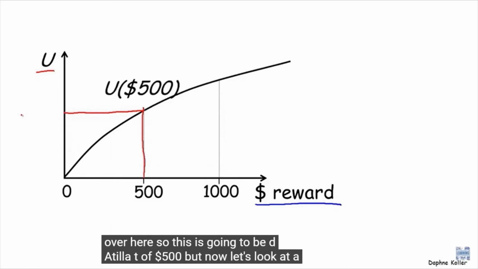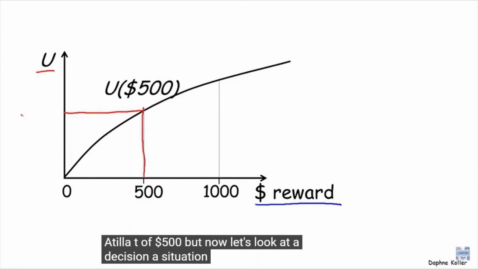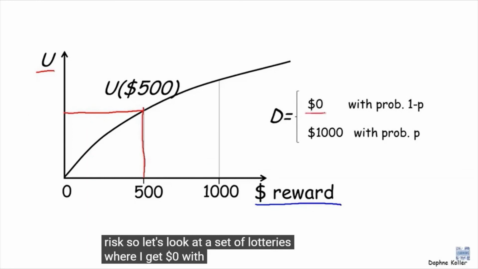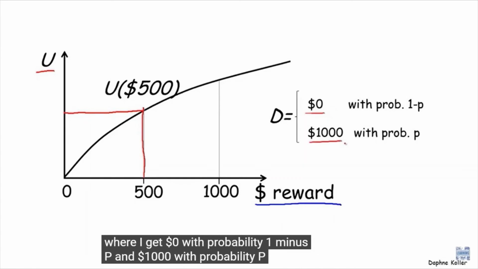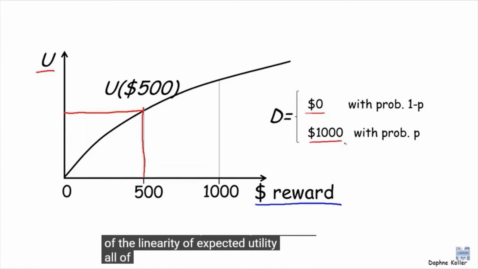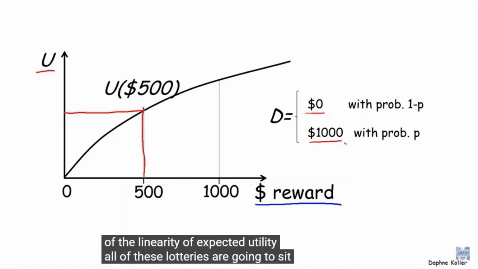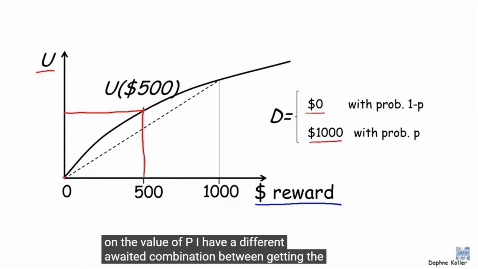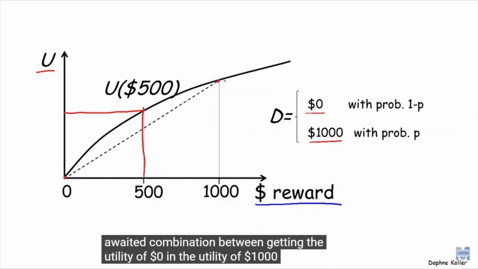But now let's look at a situation that involves some risk. Let's look at a set of lotteries where I get $0 with probability 1 minus p and $1,000 with probability p. Because of the linearity of expected utility, all of these lotteries are going to sit on this line over here, where depending on the value of p, I have a different weighted combination between getting the utility of $0 and the utility of $1,000.